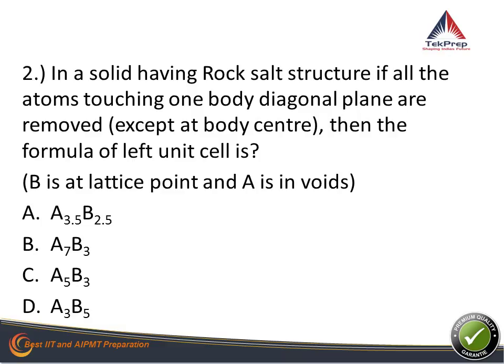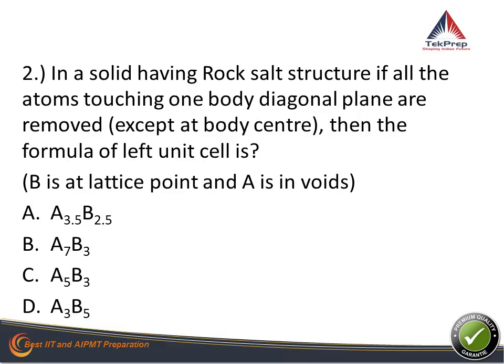Now we know from the rock salt structure that the number of atoms contributed by both the components would be 4 each. If we apply common sense to this structure, let's say a unit cell, we are removing some atoms.